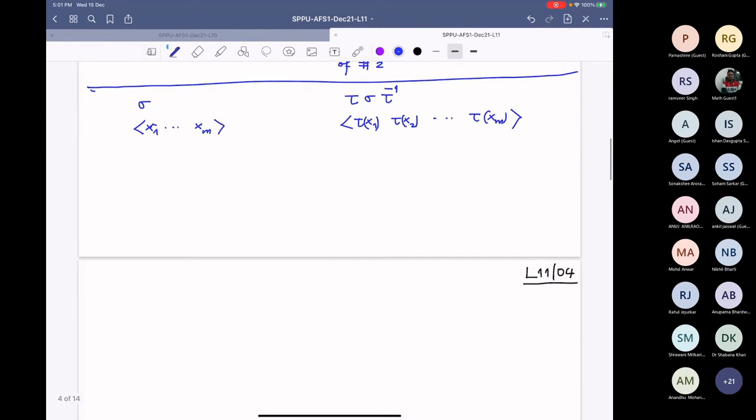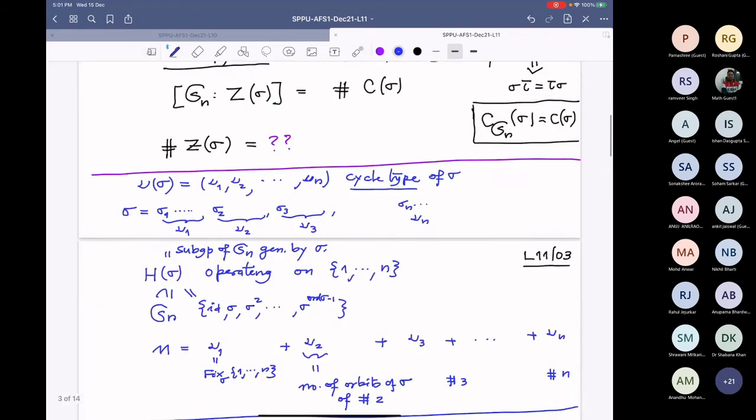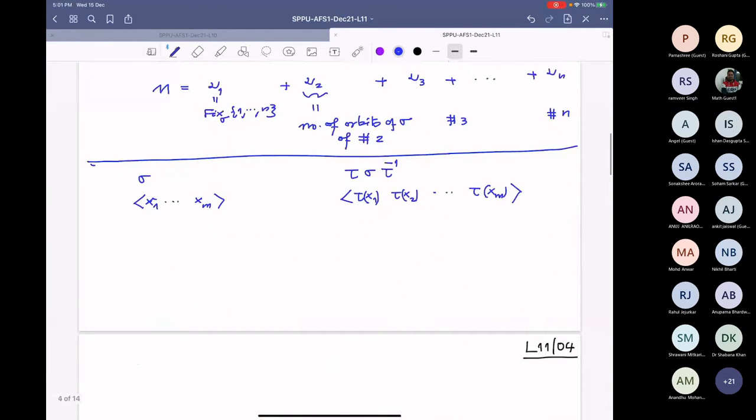All right. Now what happens? I want to compute Z sigma, so I am going to give you a map from Z sigma. Before I write it, I will create some notation. Let us call big script X_i equal to the set of all orbits of sigma of cardinality i.